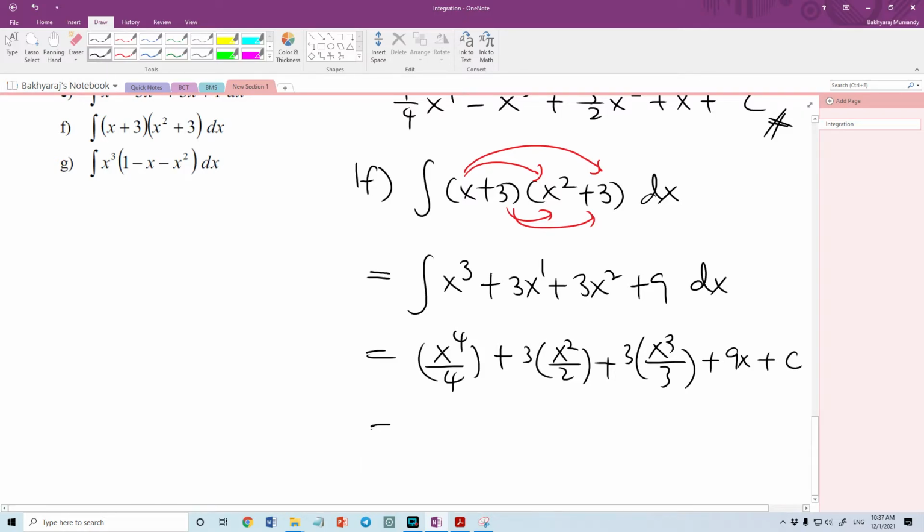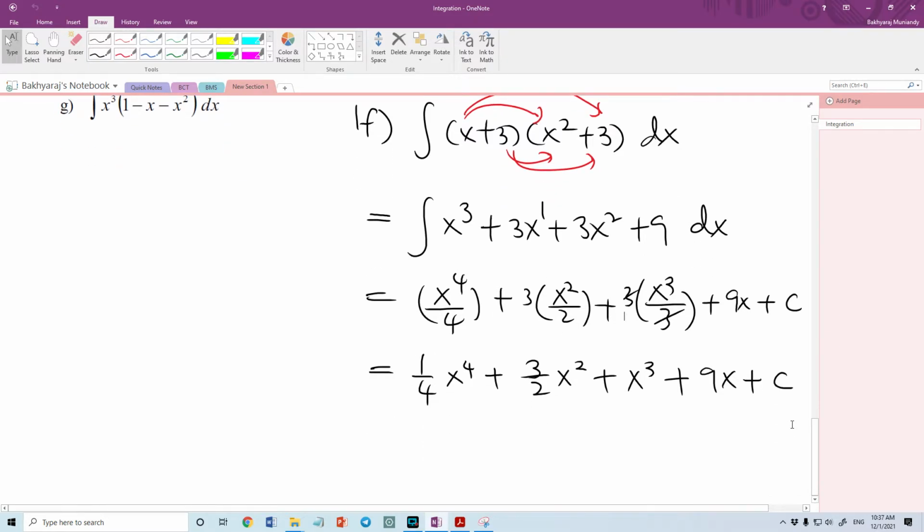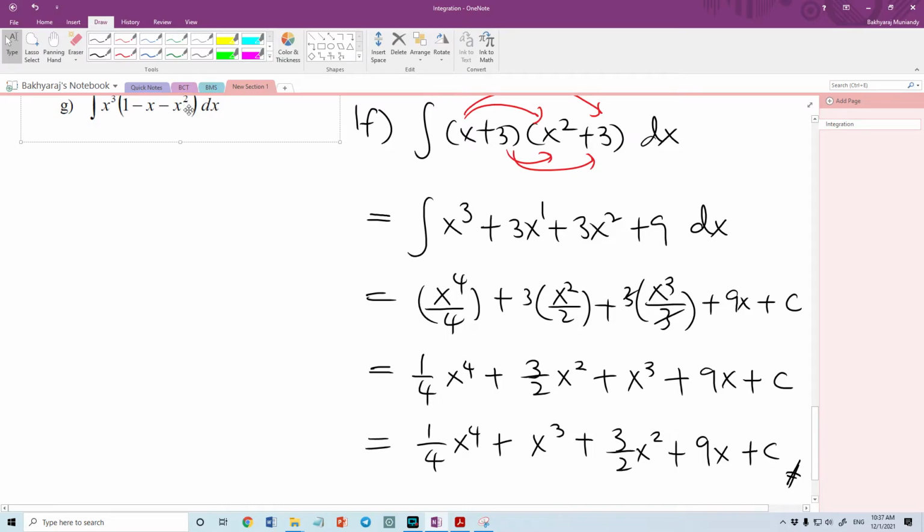So equal to 1 over 4 x to the power of 4 plus 3 over 2 x to the power of 2. Cancel this, you get x to the power of 3 plus 9x plus c. Here I can see that the powers can be rearranged so that it looks even better. So 1 over 4 x to the power of 4 plus x to the power of 3 plus 3 over 2 x to the power of 2 plus 9x plus c. So that's the answer for 1F.